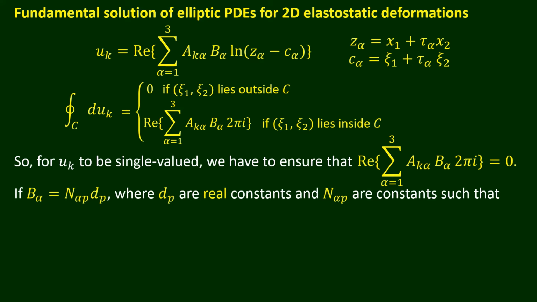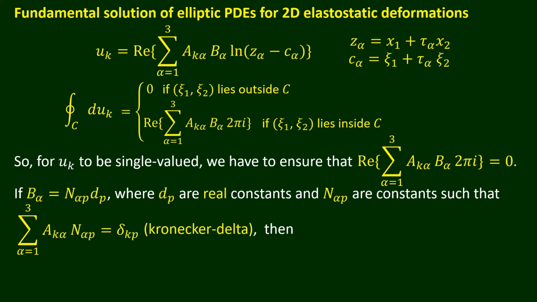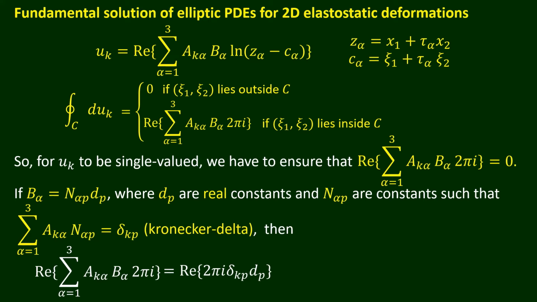If B_α equals N_αp d_p, where d_p are real constants, and N_αp are constants such that the sum, α equals 1 to 3, A_kα N_αp equals δ_kp, Kronecker delta, then the real part of the sum of A_kα B_α 2πi equals the real part of 2πi δ_kp d_p, which is equal to 0 as required.